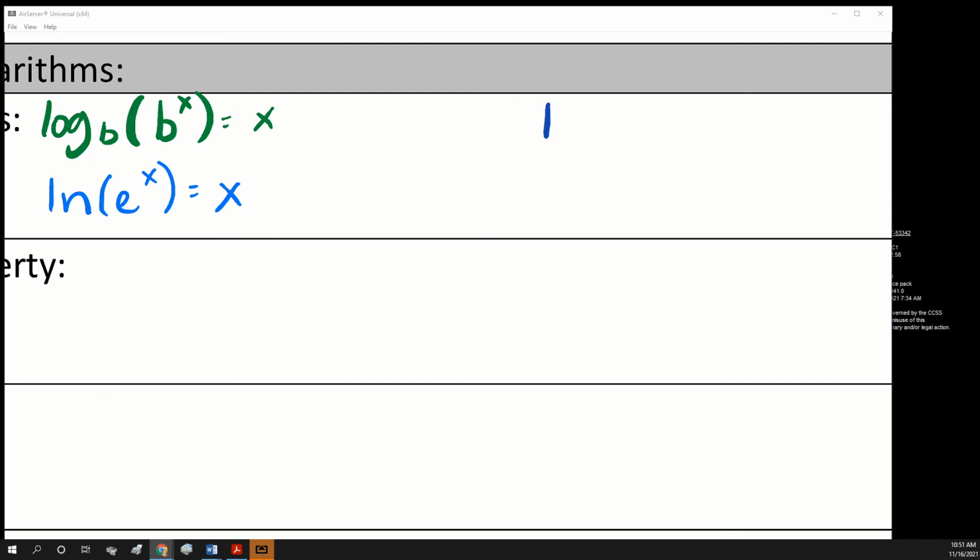So if you have b raised to the log base b of x, exponentiating a logarithm, it just leaves you with x. Okay. And same thing for e. So e to the natural log of x would just be x. Now those we're not going to talk about until after Thanksgiving, but we'll definitely come back to that. We'll use that a lot, actually.